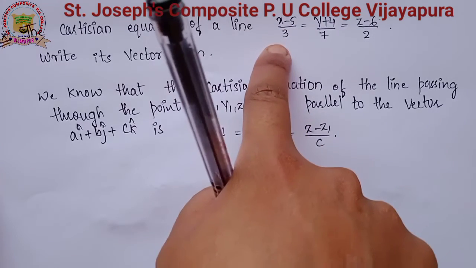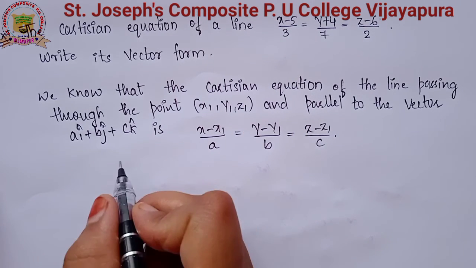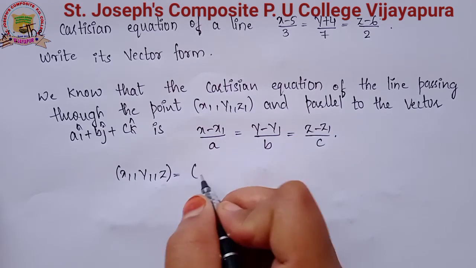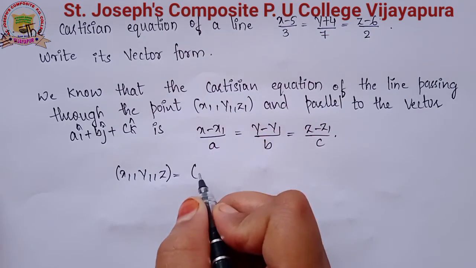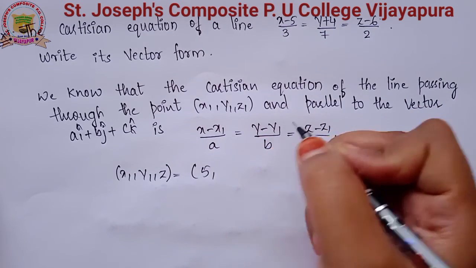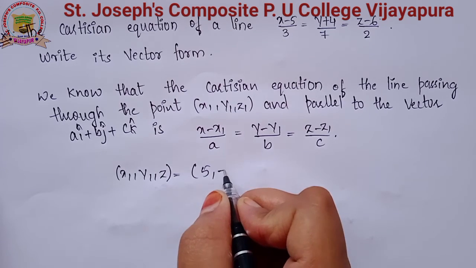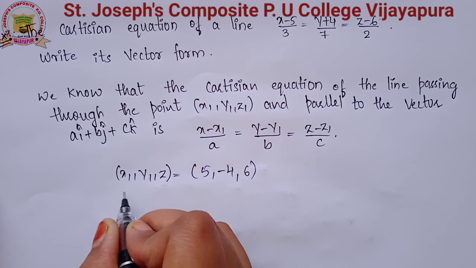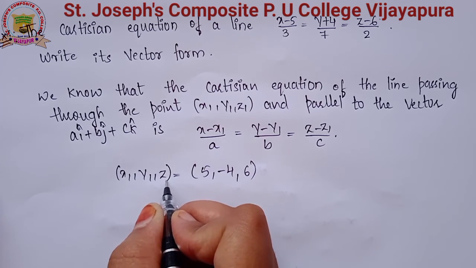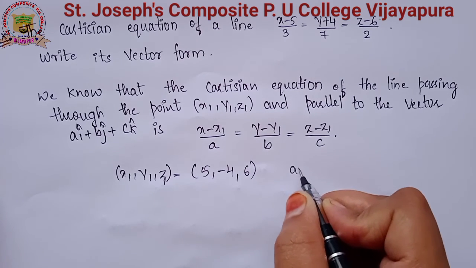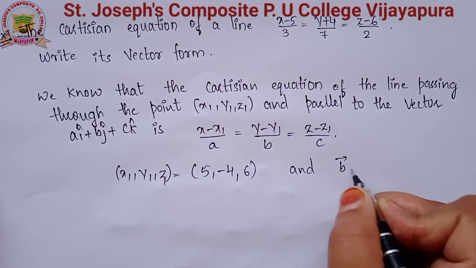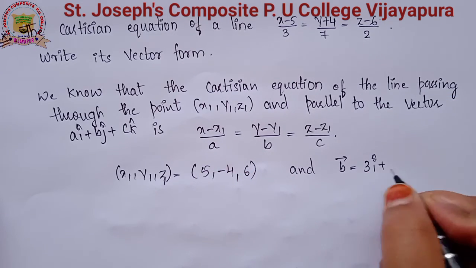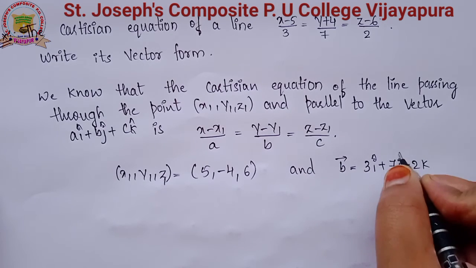Comparing this equation with this, we get the point (x1, y1, z1) as x1 is 5. Here minus y1 is there, here plus 4 is there, so y1 becomes minus 4 and z1 becomes 6. So the points (x1, y1, z1) are (5, minus 4, 6), and the vector ai plus bj plus ck here is 3i plus 7j plus 2k.